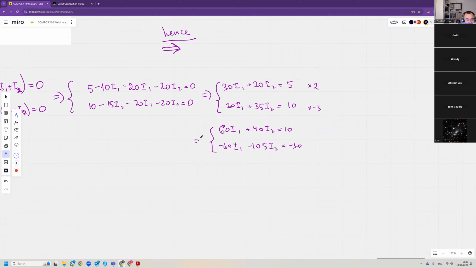And then you add them together, so that's minus 65 I2 equals minus 20, so I2 equals 20 over 65, which is 0.31 amps. And then in a similar fashion, you can find I1, which gives you something else.